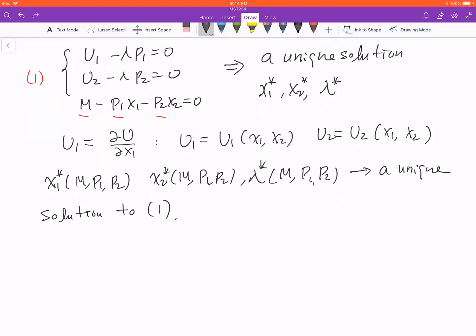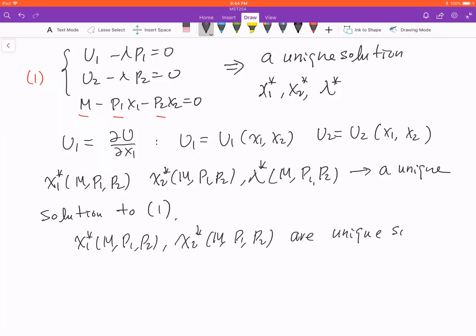So really, x1 star and x2 star, as functions of m, p1, p2, they are the unique solutions to this list of 2 equations.